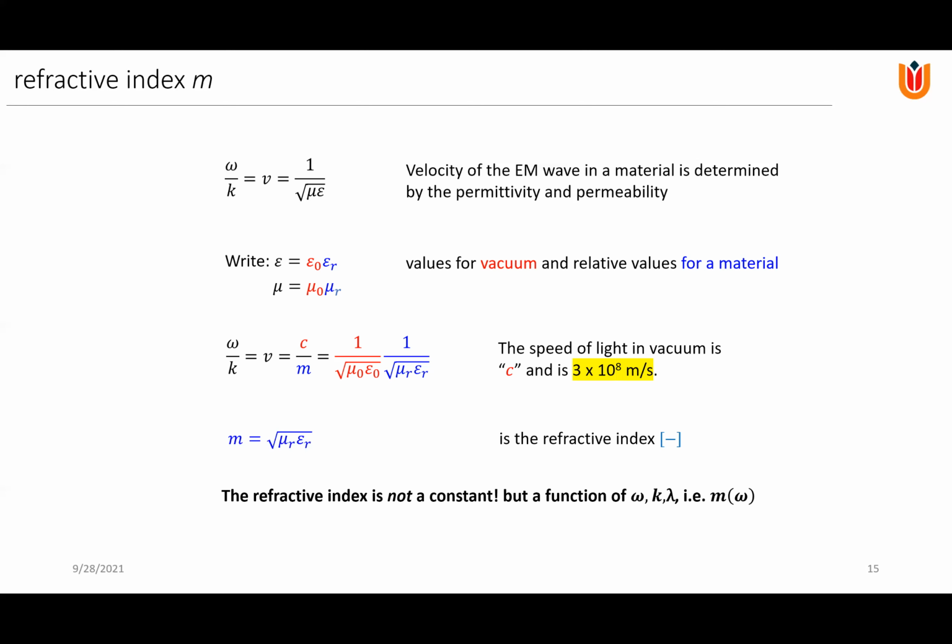I cannot stress enough: it is not a constant. It is a material property, that's for sure, but it's not a constant. It is a function of omega, of the frequency. It is therefore a function of the wave number, and a function of the wavelength. So whatever way we express it, there is never a fixed value. It will change with wavelength.